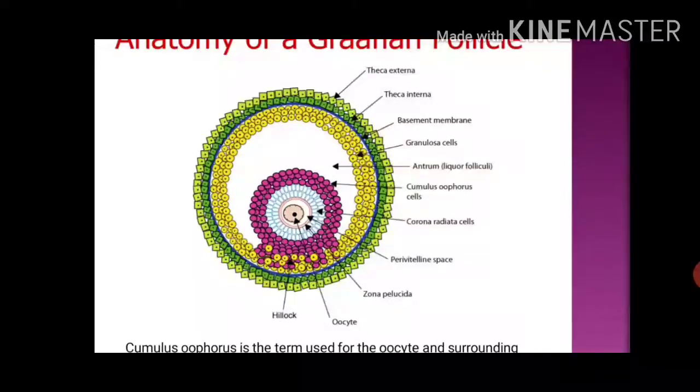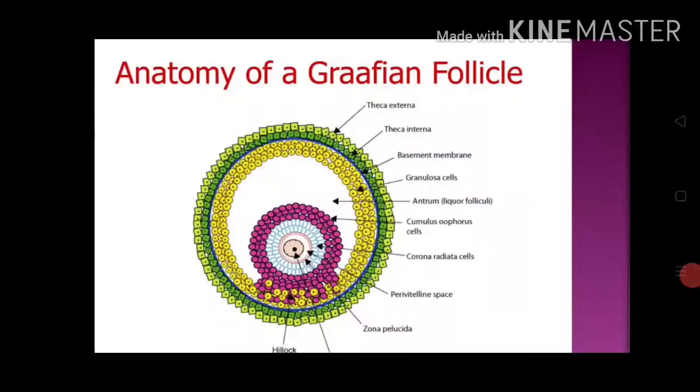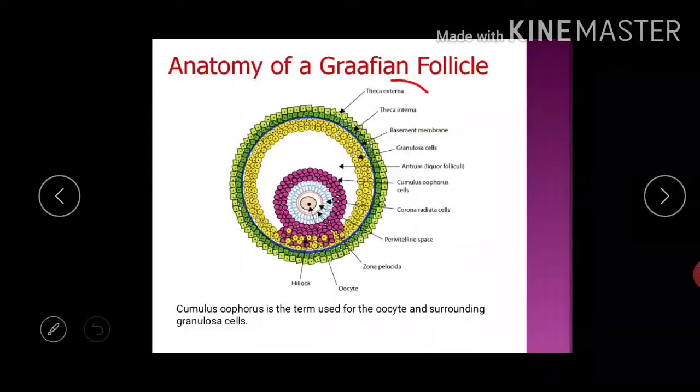The outermost protective and fibrous covering is called the theca externa. See that, I'll show you. This outermost layer is known as the theca externa.